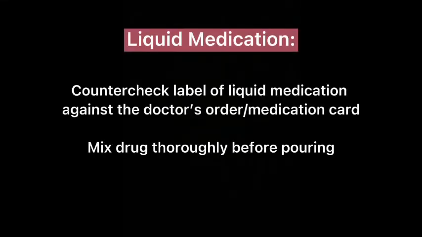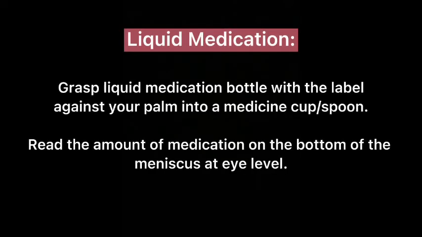And for the liquid medication, counter-check the label of the liquid medication against the doctor's order or medication card. Then mix the drug thoroughly before pouring. Then grasp the liquid medication bottle with the label against your palm and pour into a medicine cup or spoon. Pour the drug away from the label to prevent spills from dripping and soiling the label.